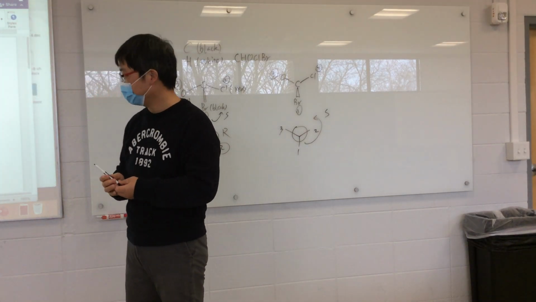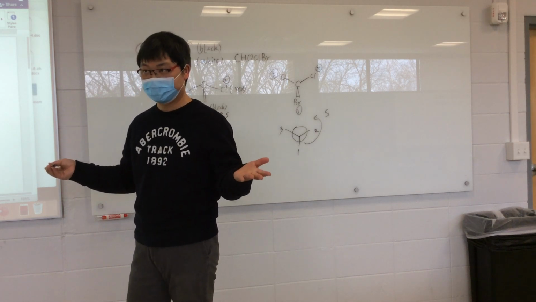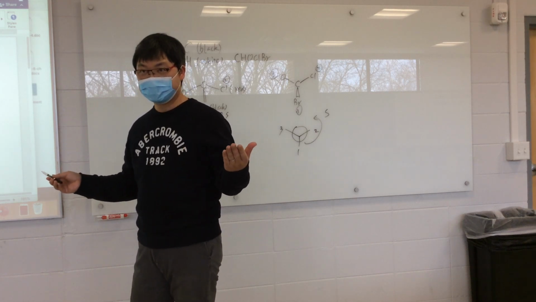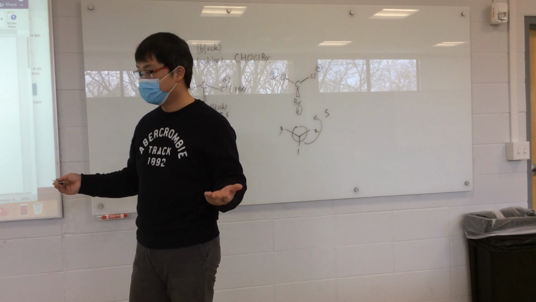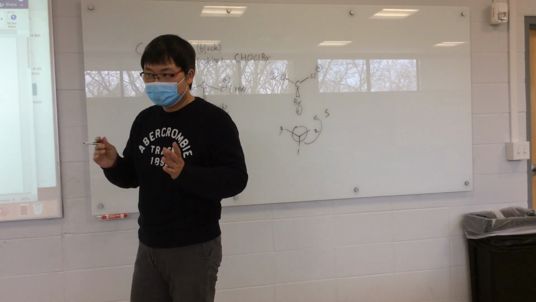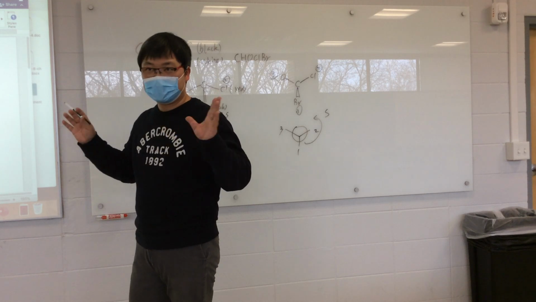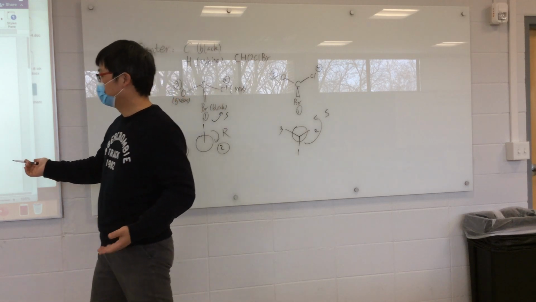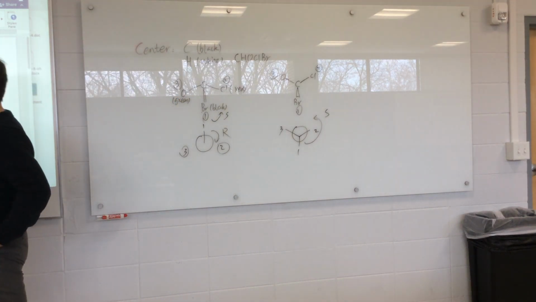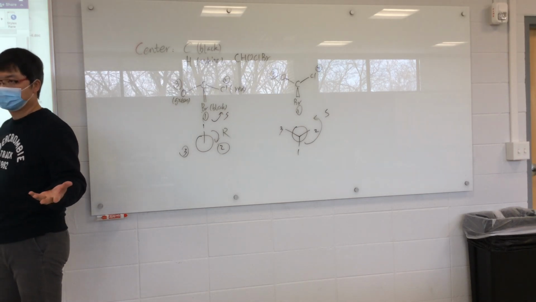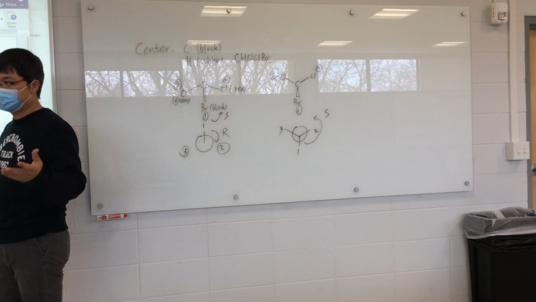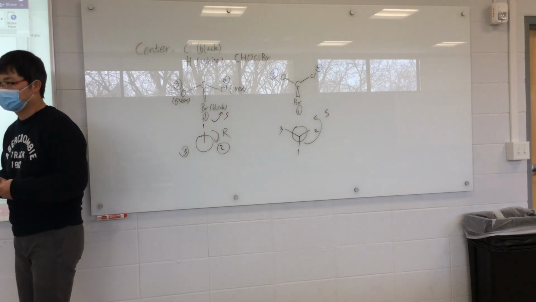Surely they have the same connectivity, but they are not enantiomers. Then it's diastereomers. At this point, you don't need to spend time finding out the chirality. You can just assume, okay, if this is R, this must be S. If this is R, this must be R. So they are not mirror images of each other.